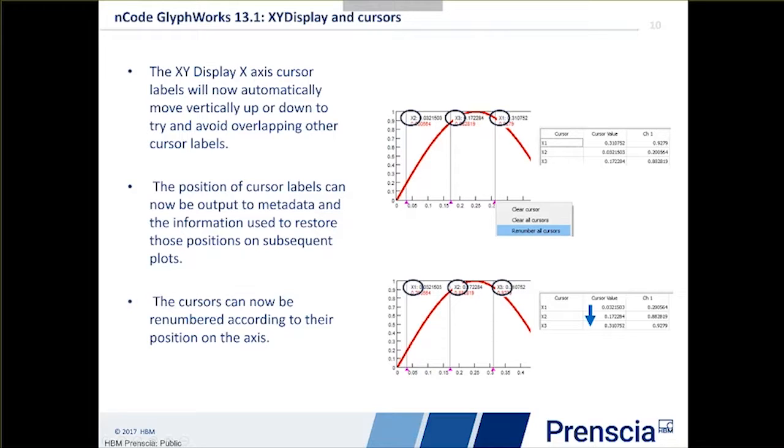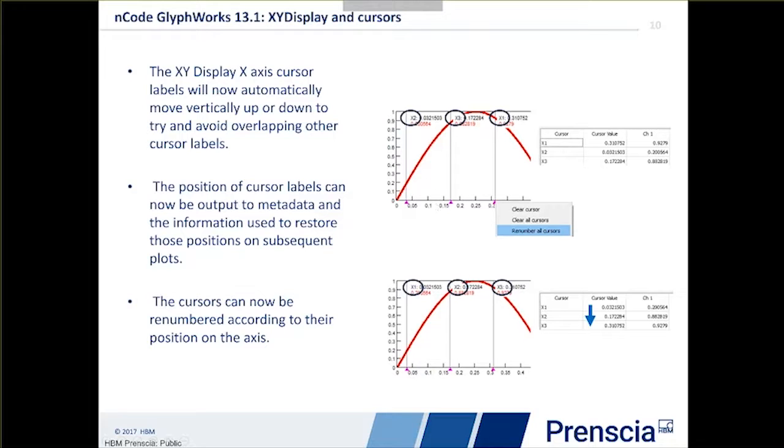And the third point here is about the order of the cursors. Say you've positioned first this cursor here, and then this one, and in the middle you've got the third one that you've positioned. They'll be numbered according to the order in which you positioned them in the plot.